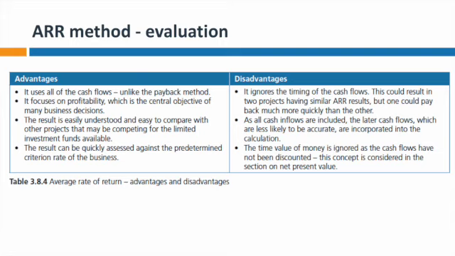For this reason, ARR is often used together with the payback method, because payback method shows you how fast you get your money back, your cash flows. It's focused more on the liquidity of the project, whereas the ARR method is focusing on the profitability. So together, the two methods nicely complement each other.